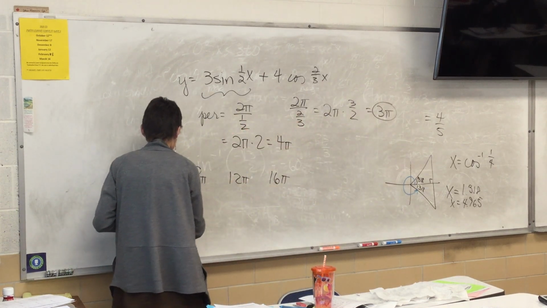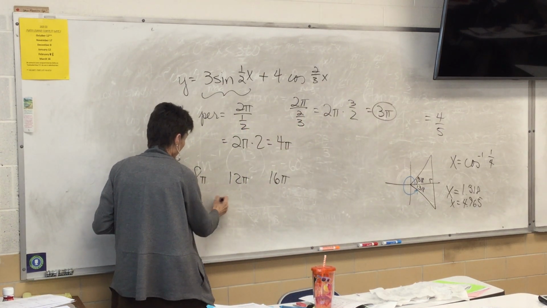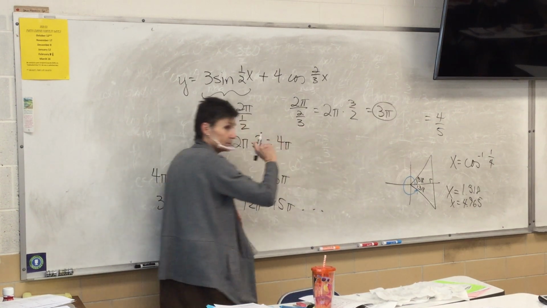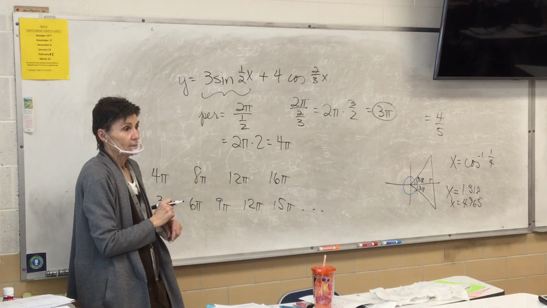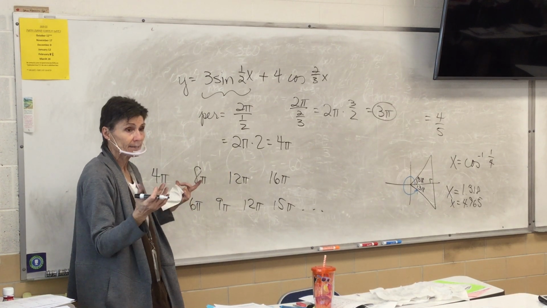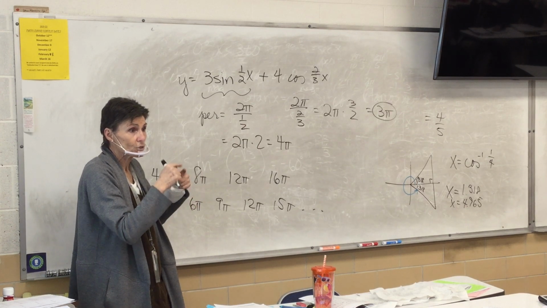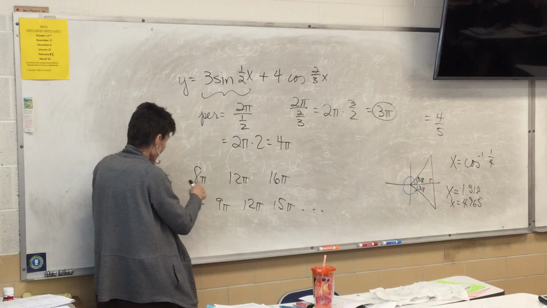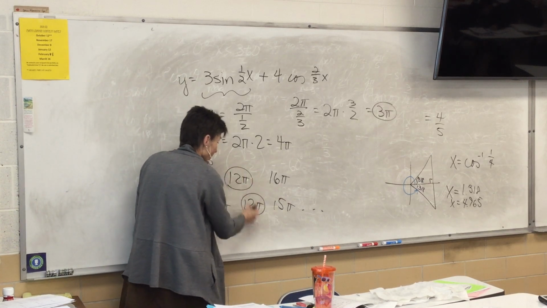So that one starts over at 3 pi, 6 pi, 9 pi, 12 pi, 15 pi, and so on. Well, I like to write them out because then I can see the first time I have a match. Where do I have a match? Right here and right here.